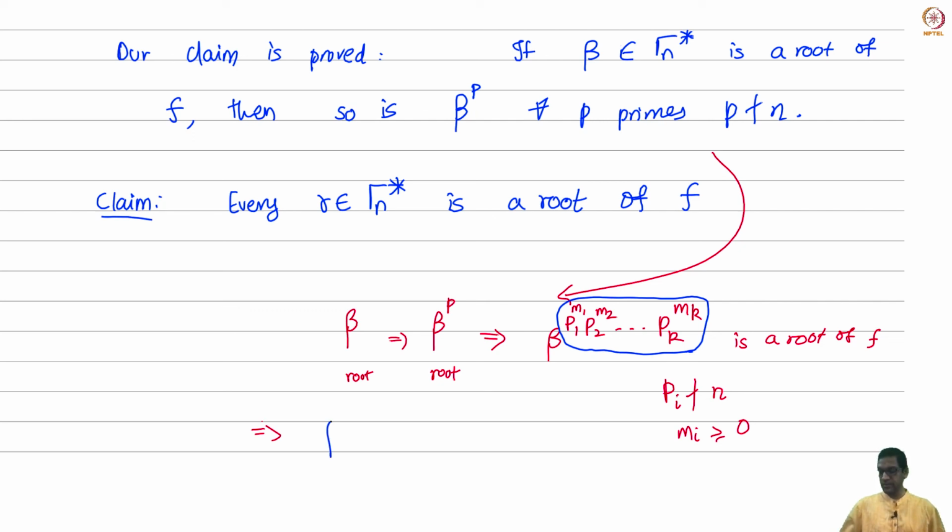So this means that beta to the power r is a root for all integers r which are relatively prime to n, so for all r such that the GCD of r and n is 1. Okay, but then recall that's exactly how you get every element of gamma n star. So this means that every element gamma in gamma n star is a root of f.